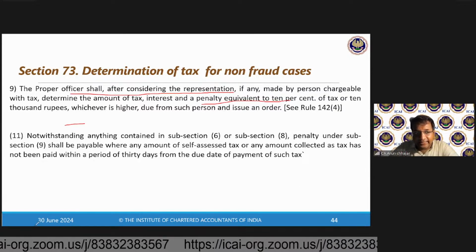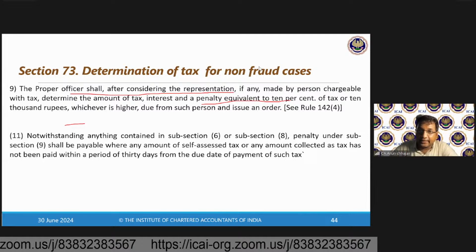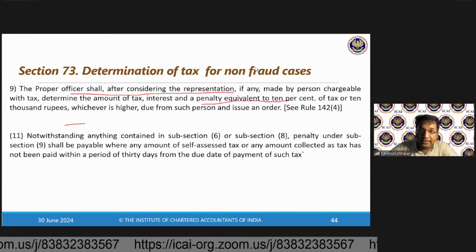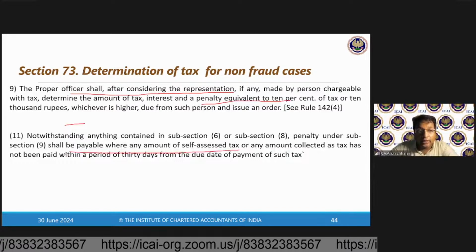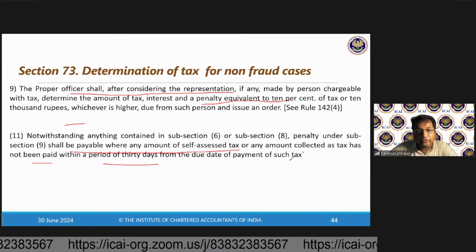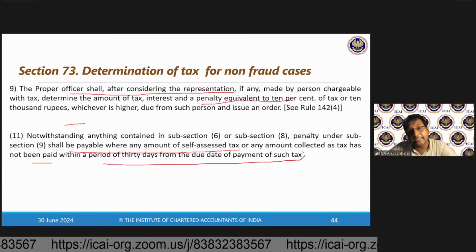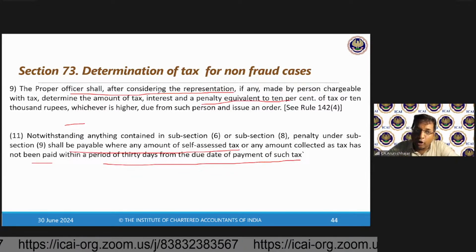Notwithstanding anything contained in subsection 6 or subsection 8, penalty under subsection 9 shall be payable where any amount has not been paid within a period of 30 days from the due date of payment of the taxes. It means if the payment is not made within 30 days, then penalty would always be there.